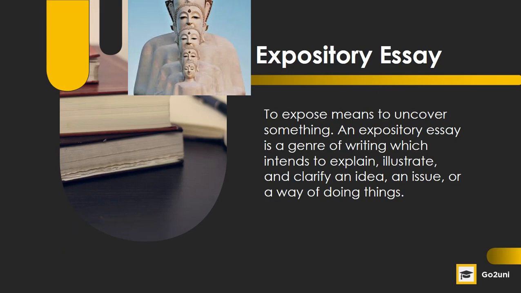For example, someone can decide to write on the process of manufacturing a handset or a phone. He can also try to write and clarify an issue. An expository essay can also be written to discuss some of the issues in the society. For example, someone can decide to write about terrorism in Nigeria. That kind of writing, we try to investigate the causes of terrorism.